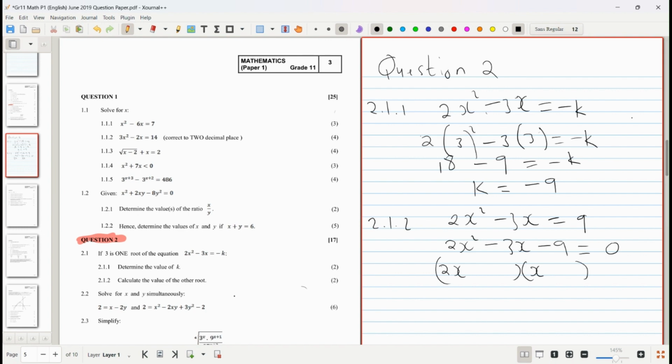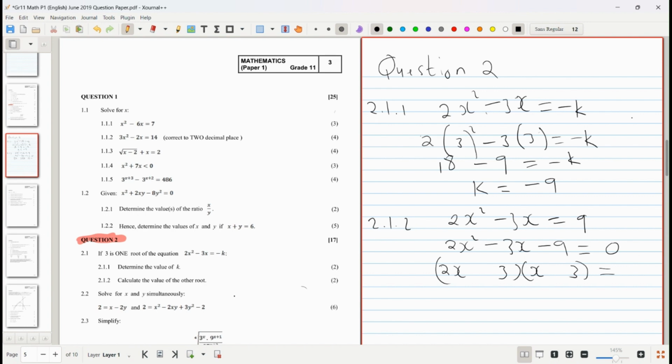For negative 9, we can have 3 and 3. Since the sign here is negative, we'll have a negative and a positive. The only trick here is to determine where we put our negative.